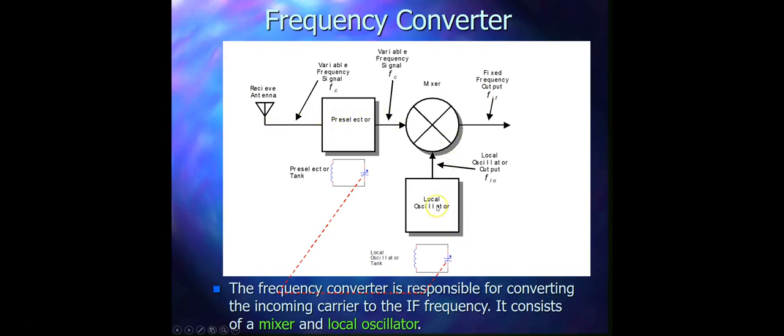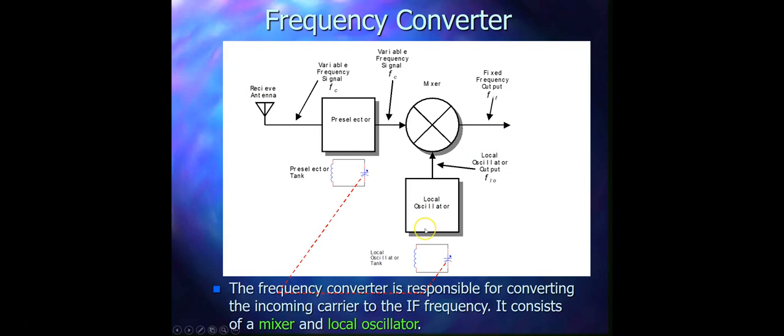Other will be FLO, and the next two will be the sum of the two and the difference of the two. So at the output we get four different frequencies: first FC, second FLO, third FC plus FLO, fourth FC minus FLO, or FLO minus FC. All these four frequencies we get at the output.